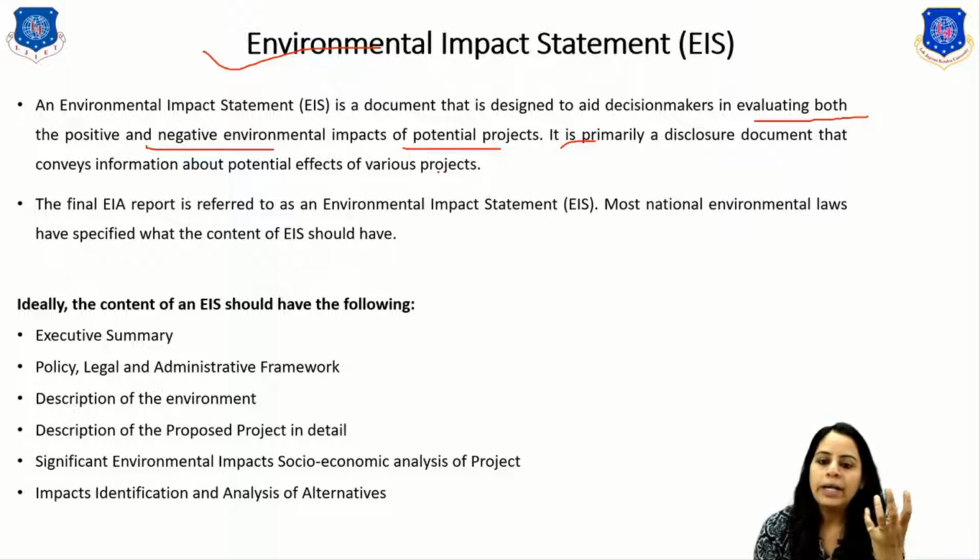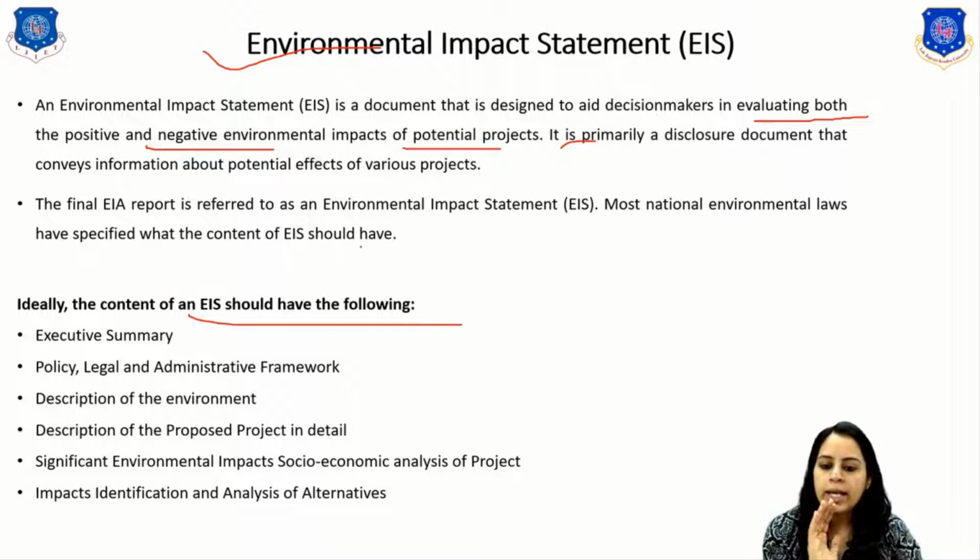Okay. The final EIA, Environmental Impact Assessment Report, is referred to as an environmental impact statement, and most national environmental laws have specified what the content of the EIS should be, right? So ideally an EIS should have the following contents, right?